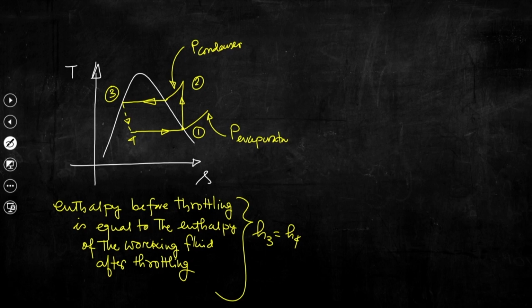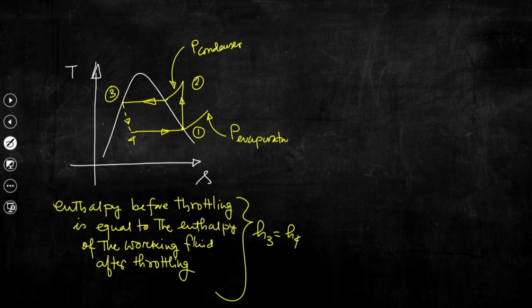So, what we can understand is that out of these 4 processes, 2 processes occur at constant pressure, while another process, a very important and interesting process as well, occurs at constant enthalpy. So, the next objective should be to map all these processes in another plane, called the pH plane.